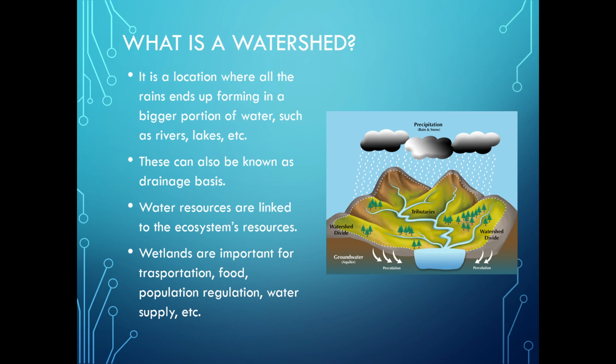It's known already that humans use a lot of these wetlands and water resources for their own usage. I can mention, for example, some people need to go to the rivers in some parts of Guatemala in order to clean their clothes.